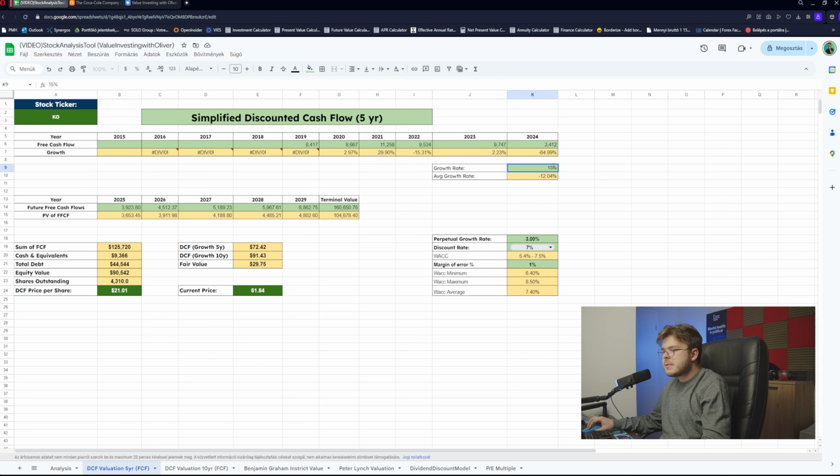But if you assume that it should be around 9,000, and then you go with the 3% growth, you will much more easily receive a fair value closer to the current price. Still not, but they had a very rough year in terms of free cash flow currently in 2024.